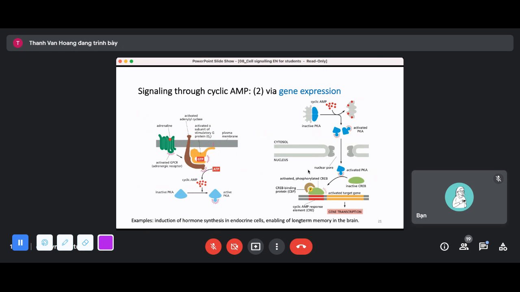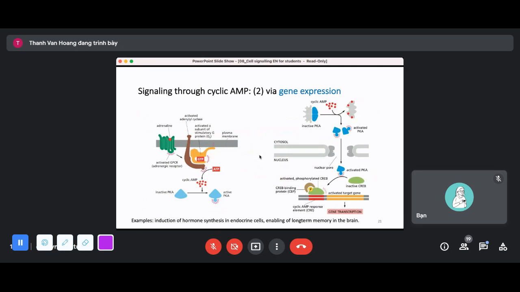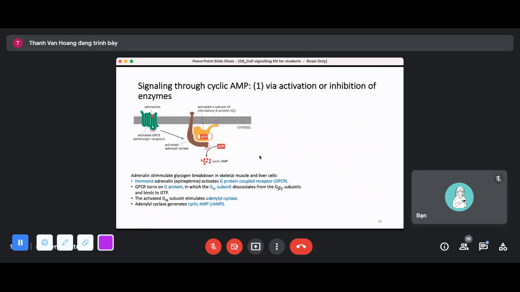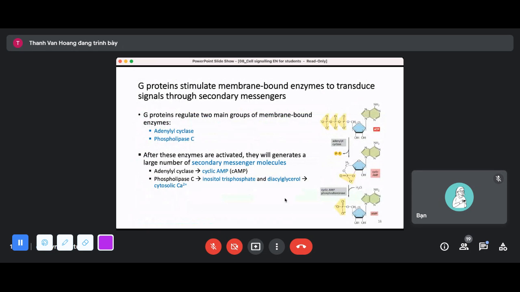Okay, so it's about cyclic AMP. Let me come back here to give you the overview again. So we talk about adenylate cyclase, right? And adenylate cyclase generates cyclic AMP.